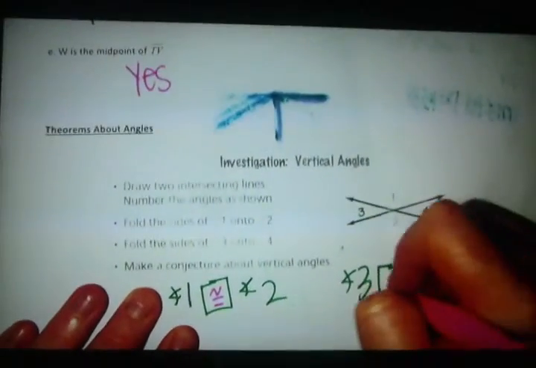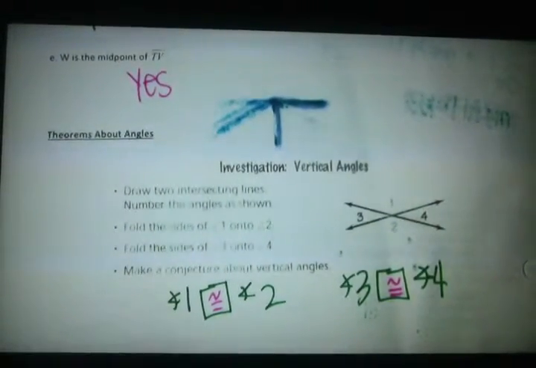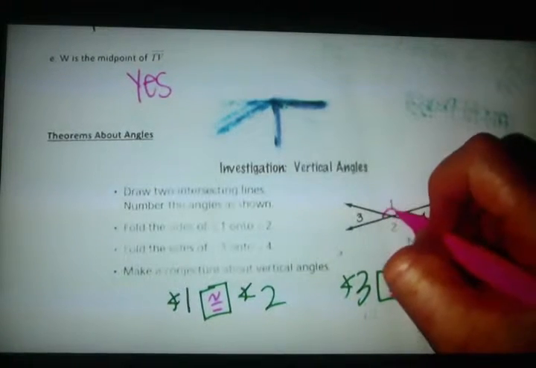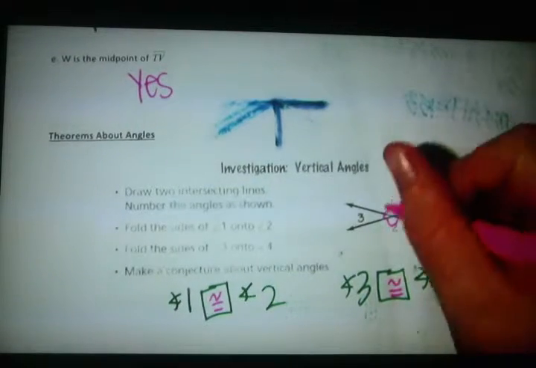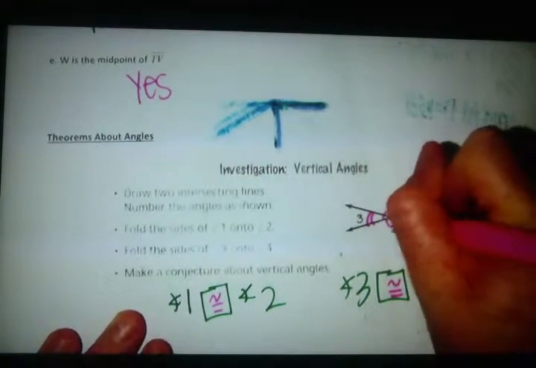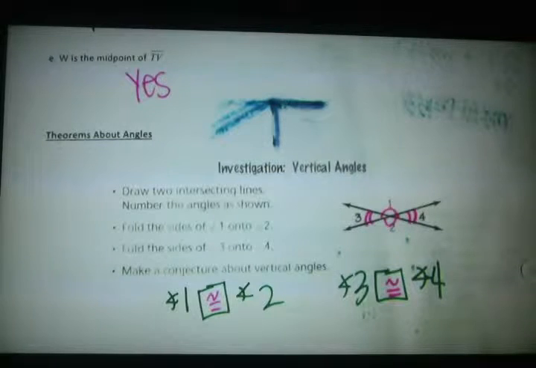All vertical angles are congruent. Okay, so 1 and 2 are the same measure. Also 3 and 4 are the same measure. Okay? Okay, so that's your investigation. Let's look at what comes from this. It's a theorem. Next page.